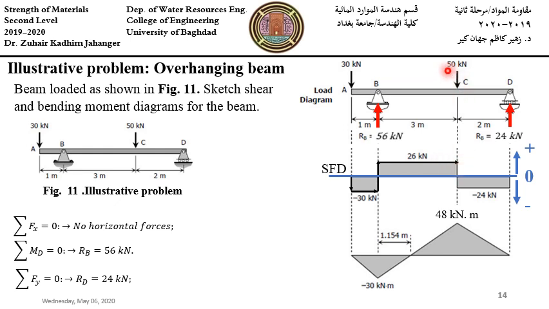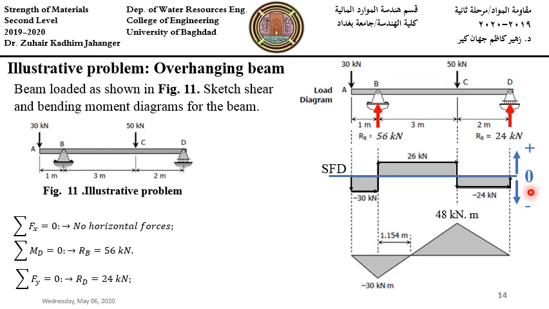Between B and C, zero load intensity, a straight horizontal line. At C, the external applied load causes the shear ordinate at C to decrease to minus 24. Then between C and D, zero load intensity, a straight horizontal line.